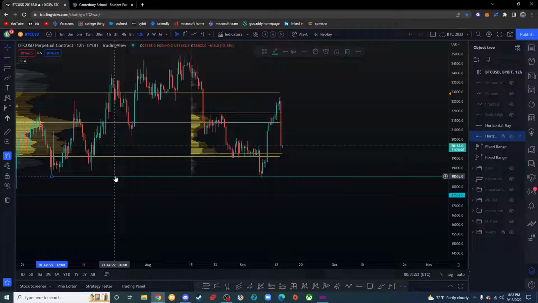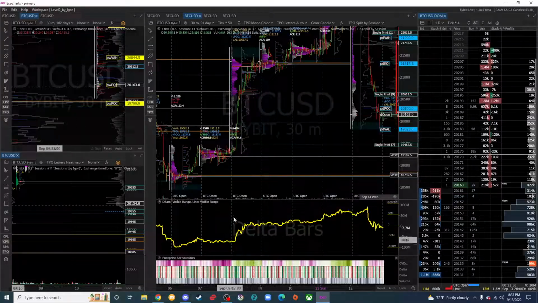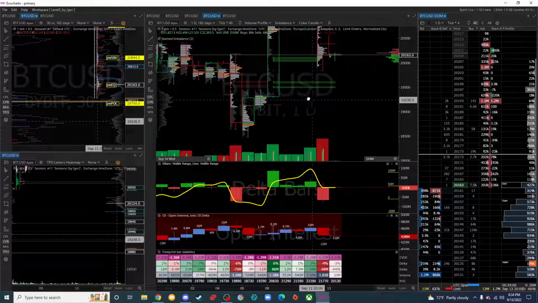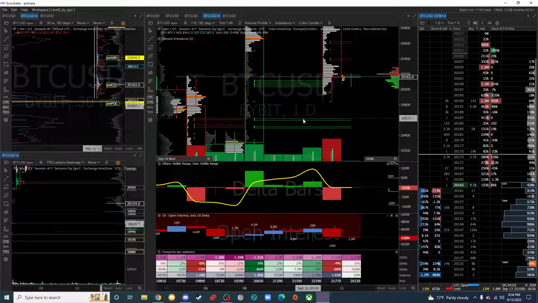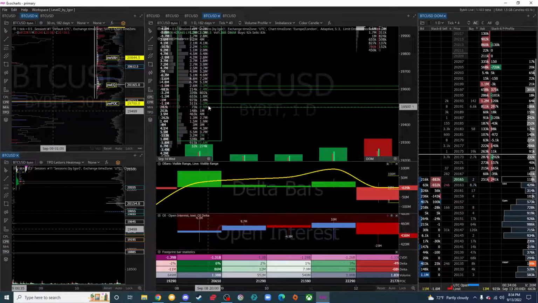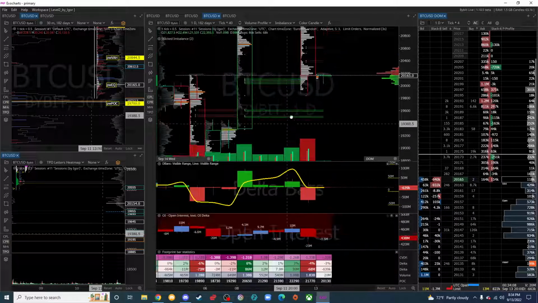But you'd have to obviously be observing order flow. So we still have single prints to fill. They go all the way until pretty much 19,500.